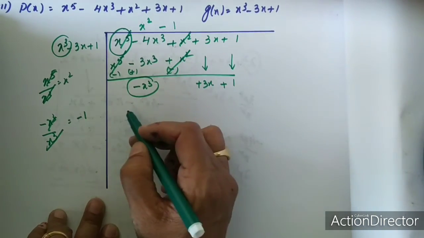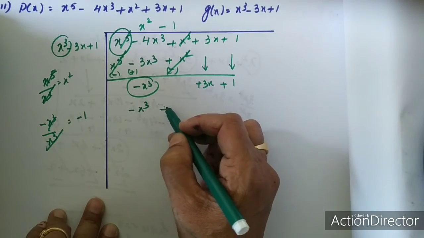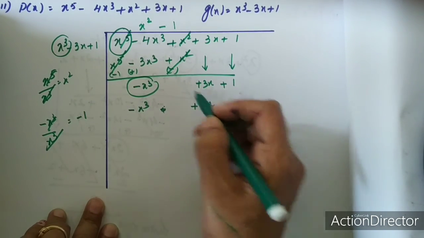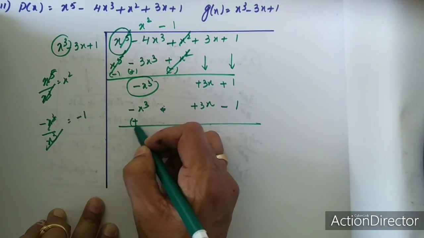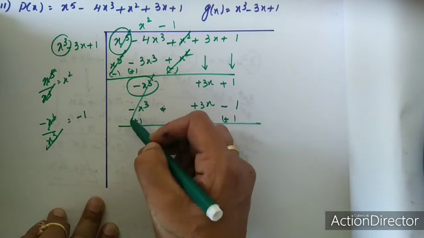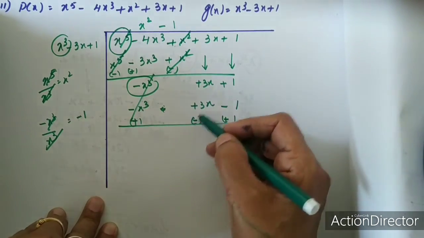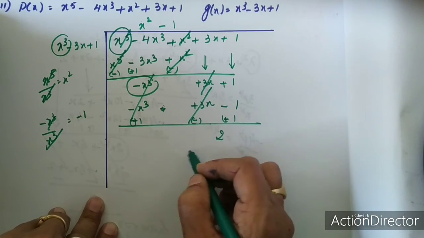X cube into minus 1 is minus x cube. Minus 3x into minus 1 is plus 3x. And 1 into minus 1 is minus 1. So change the sign. Plus, minus, plus. So minus x cube plus x cube will get cancelled. Plus 3x and minus 3x will get cancelled. 1 plus 1 will give me the remainder 2.